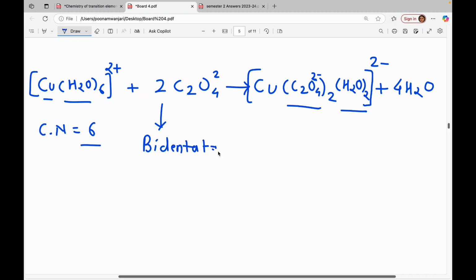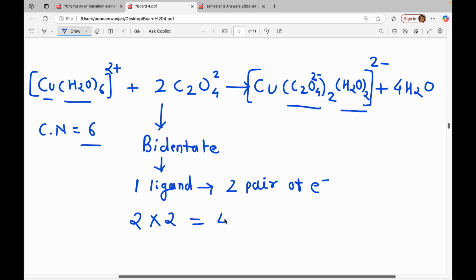Bidentate ligand means one ligand is donating 2 pairs of electrons. So if we have 2 bidentate ligands, here we have 2 ethanedioate ions, so 2 into 2, 4. So it is donating 4 pairs of electrons.